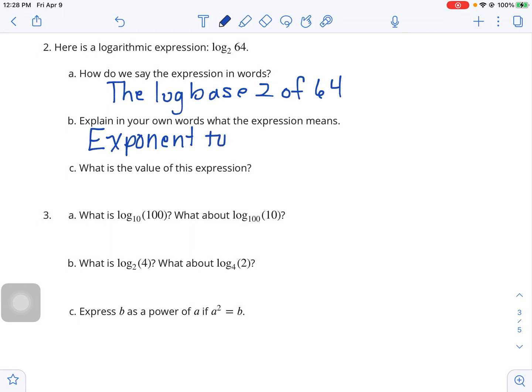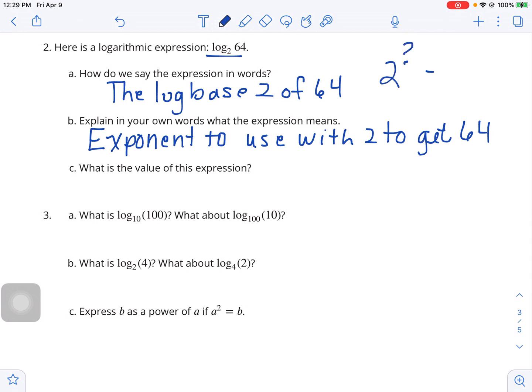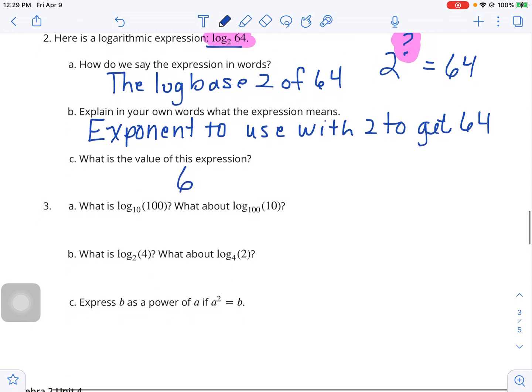To use with 2, that's your base, to get 64. So when it's written like that, we can say 2 to the what power is equal to 64. And that's your logarithm. We're looking for that exponent. And so, what is the value of this? 2 to the 6th power will give you 64.